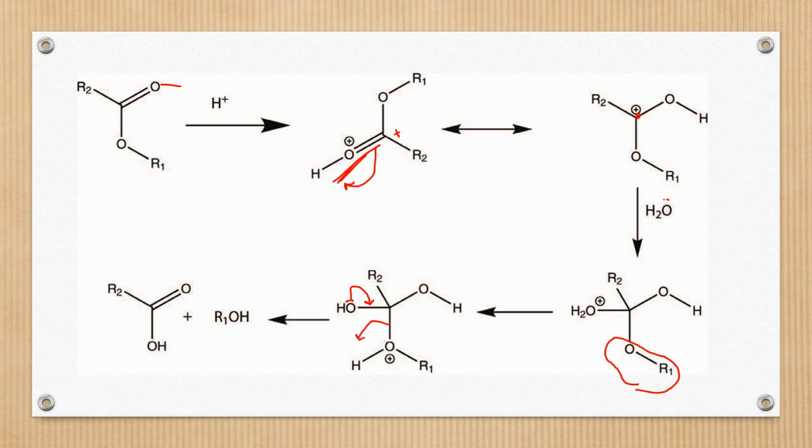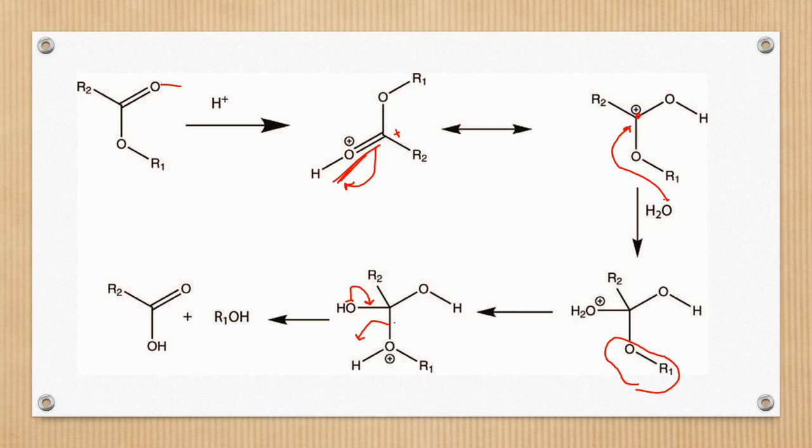So just take your time and understand the mechanism of acid catalyzed hydrolysis of ester. First of all, the acid will protonate the carbonyl group, generating a carbocation at this carbonyl carbon, then water will attack. If water attacks at this position, you will get an OH2 positive, right?